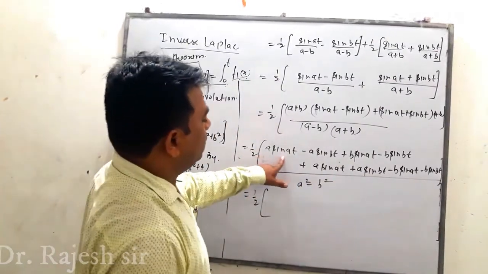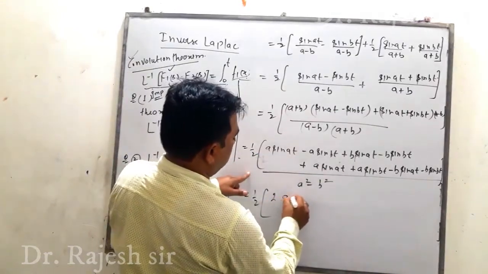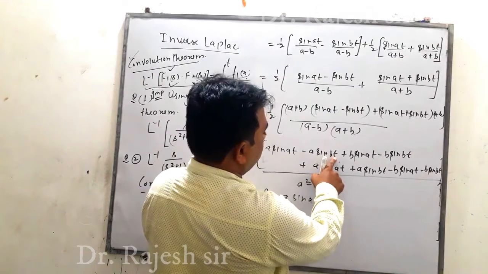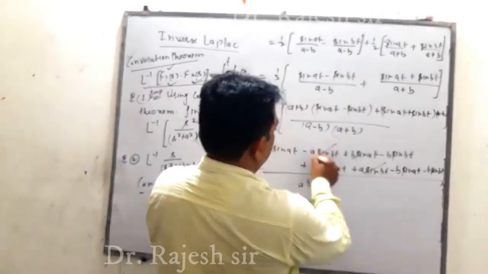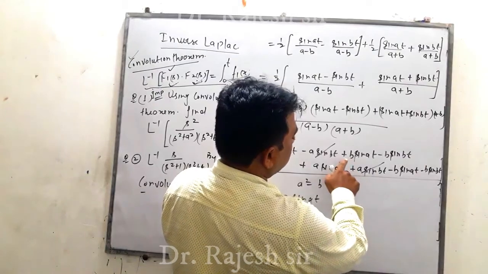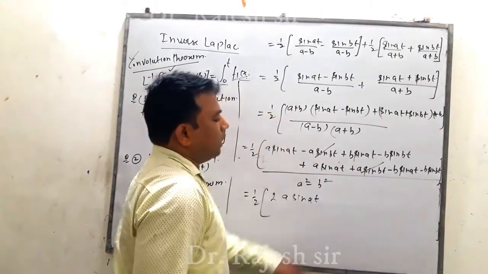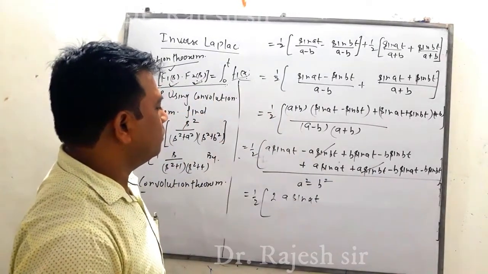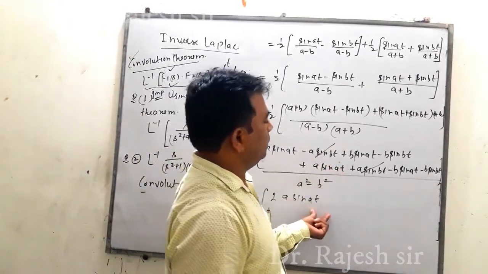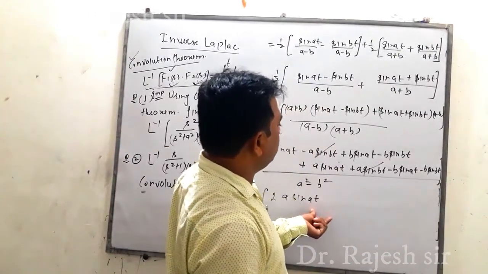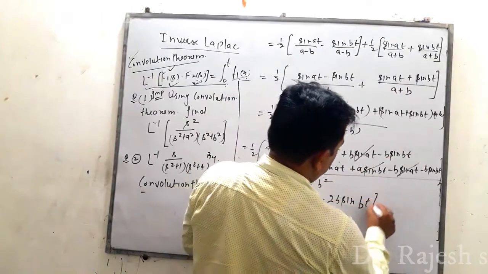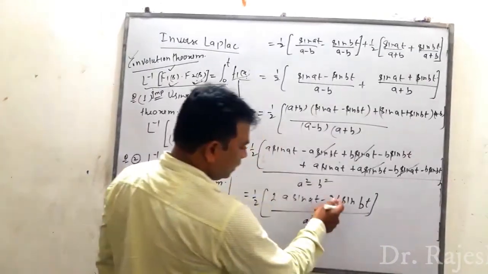Sort out this. A sin at to a sin of at, and next minus a sin bt and a sin bt cancel out, minus b sin bt and b sin of bt. a sin at, 2 sin at, and b sin bt and b sin bt cancel out, minus 2b sin of bt upon a square minus, cancel out common 2.